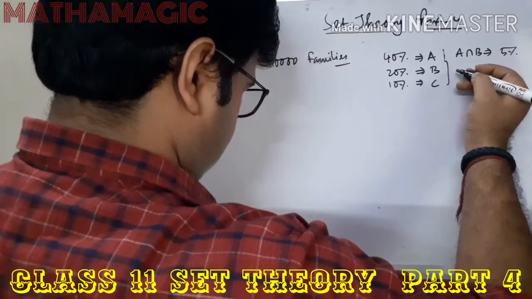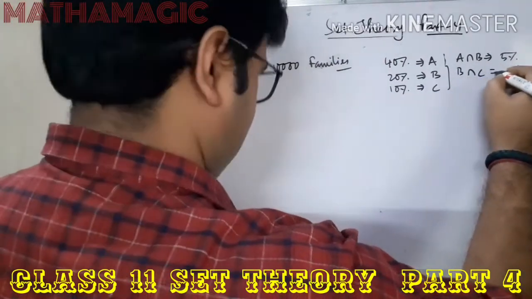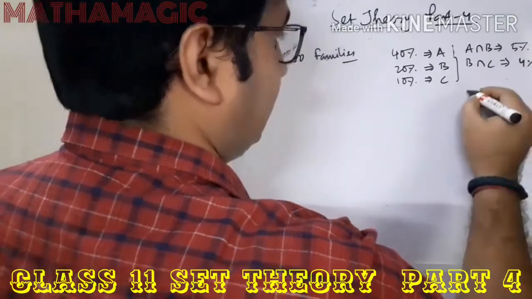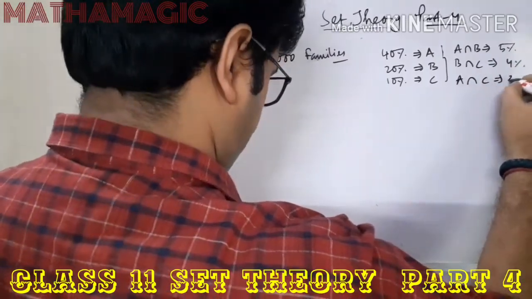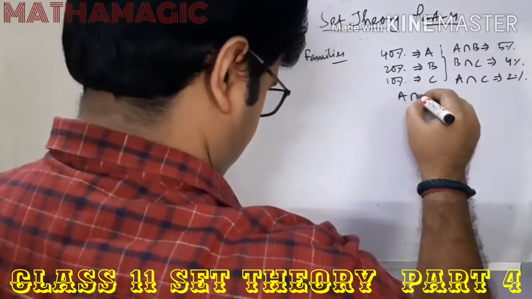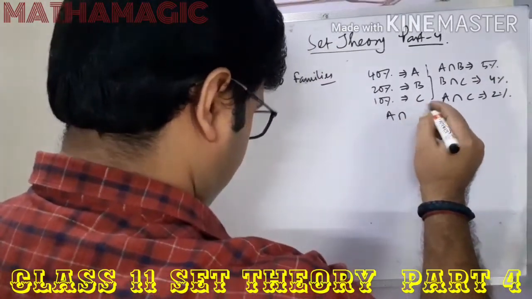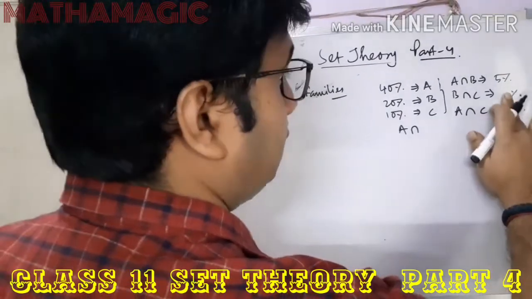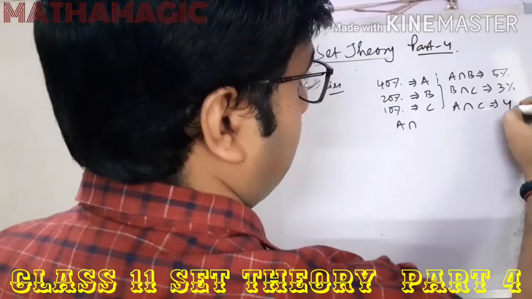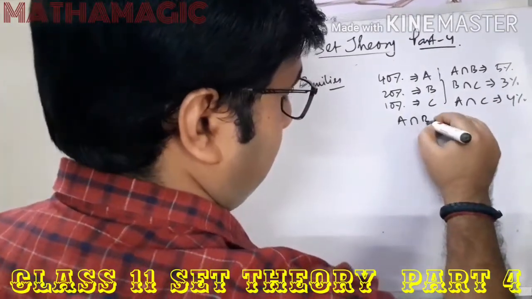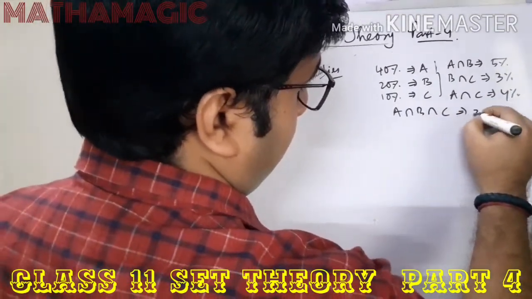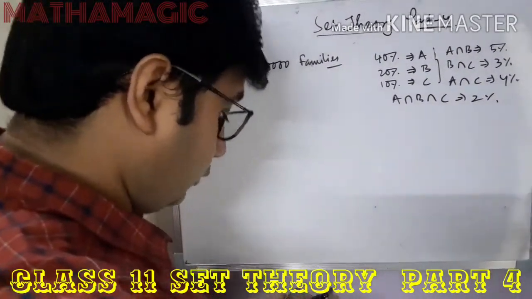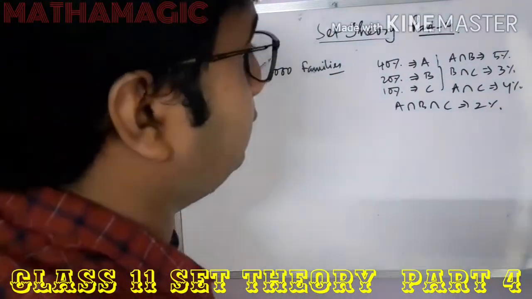And it is given that B and C is equal to 3%, and A and C is equal to 4%, and 2% of them buy all the newspapers. And there is a percent which does not buy any of the newspapers. 2% buy all the 3 newspapers.